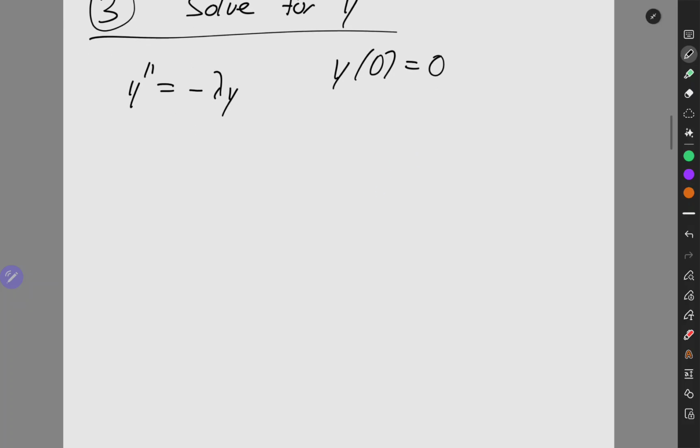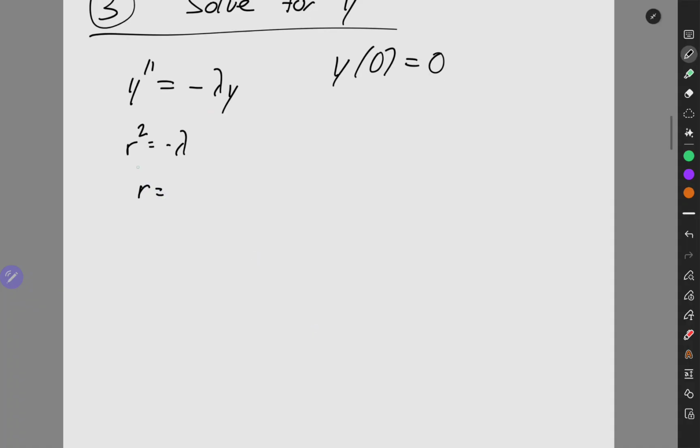This second order, we simply just solve the characteristic equation. That's imaginary, right? Plus minus lambda there.